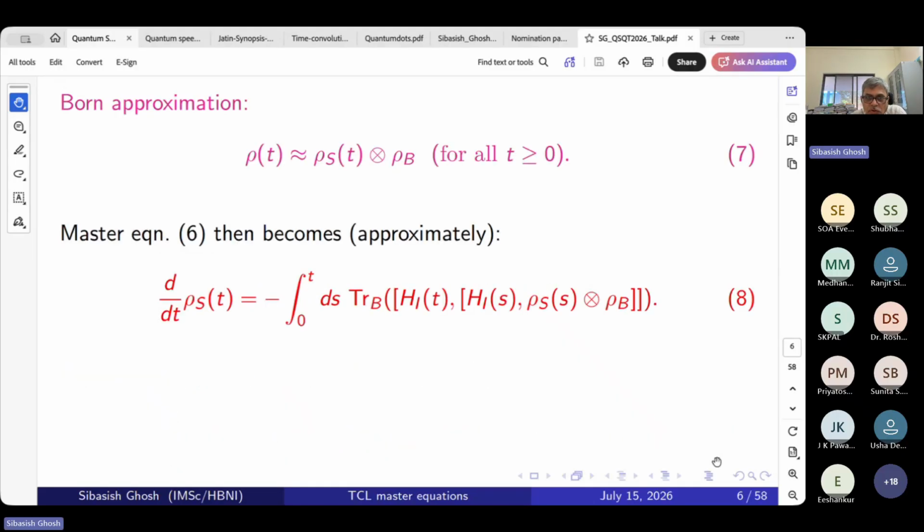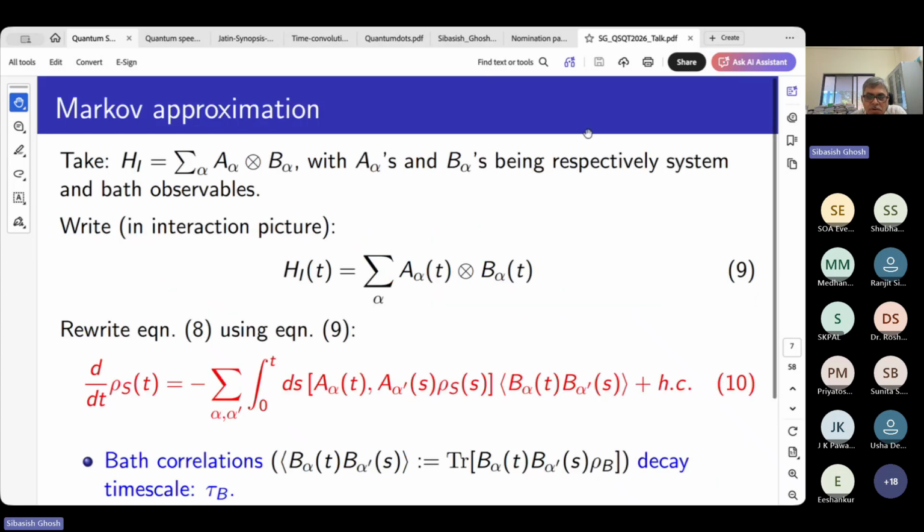Okay, good. Now you can go for the Markov approximation. Before going to the Markov approximation, this interaction Hamiltonian H_I, I can always write as a sum of tensor products of A alphas, which are system operators, observables basically, and B alphas, which are bath operators, observables.